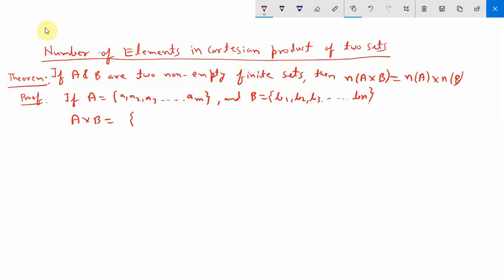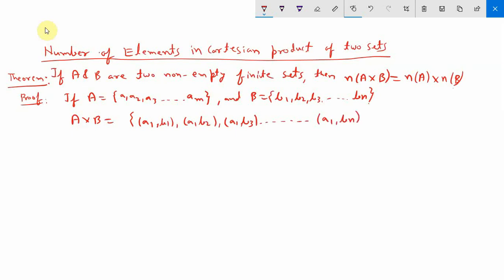Okay, so this we can write (a1, b1), then (a1, b2), (a1, b3), and so on. Last ordered pair with a1 will be (a1, bn).